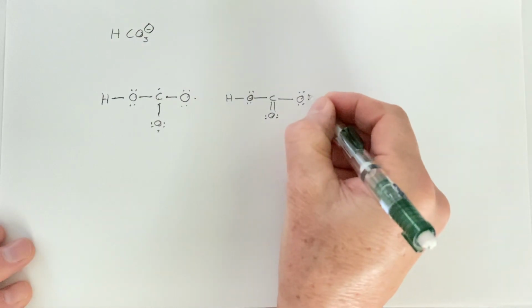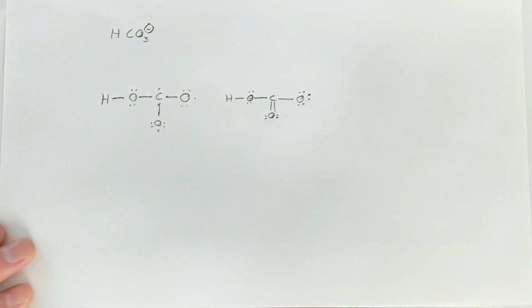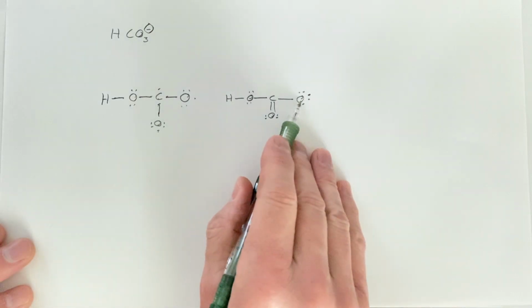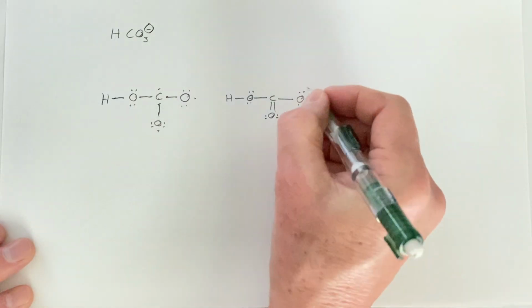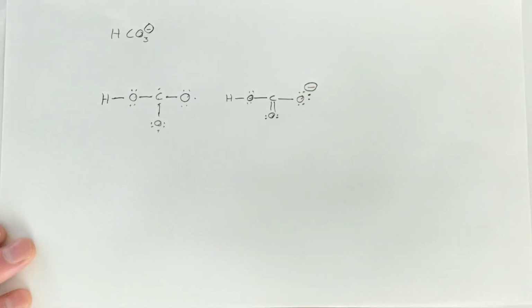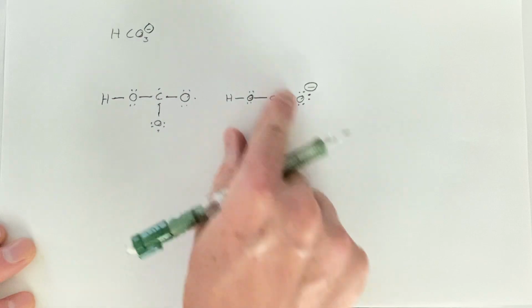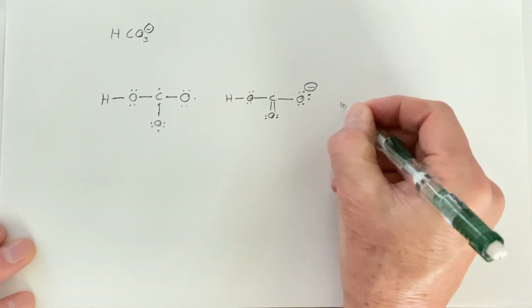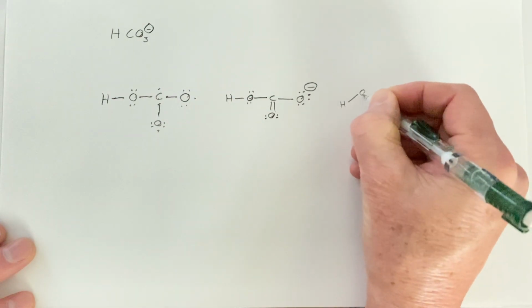So we place our extra electron here, and we need to keep an accounting of where we put that extra electron. We put the extra electron on this oxygen atom, and we will indicate so by placing a minus next to that oxygen atom. We redraw our structure paying attention to VSEPR.